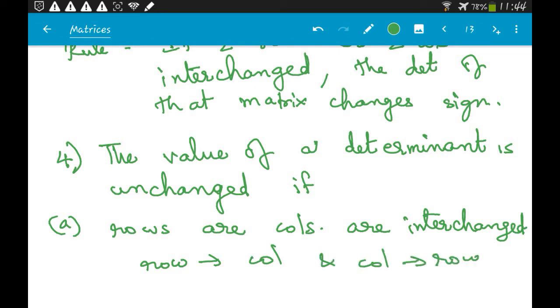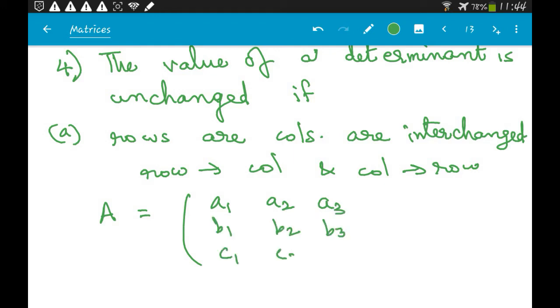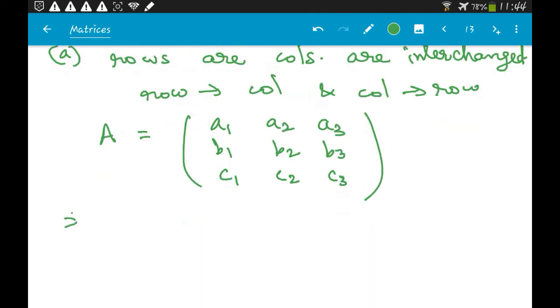That's what it means. So basically you are taking a transpose. This interchange of row and column is called a transpose. So essentially if you have A, which is A1, A2, A3, B1, B2, B3, C1, C2, C3, then the transpose of A, interchanging of rows and columns, will become, so the rows will become columns.